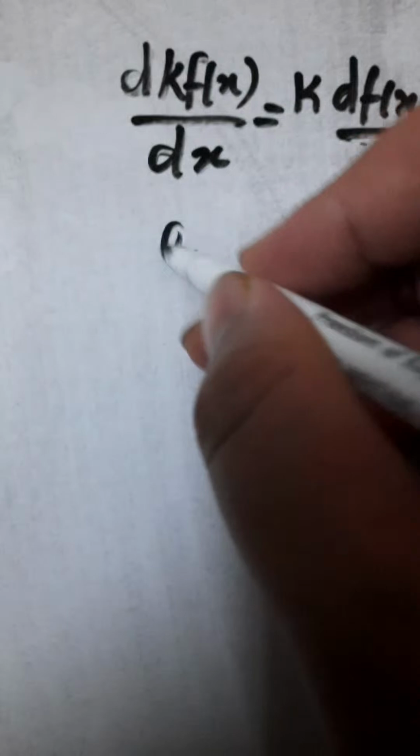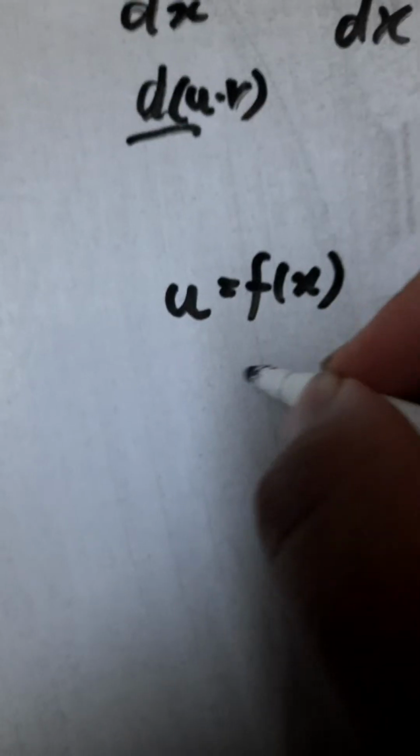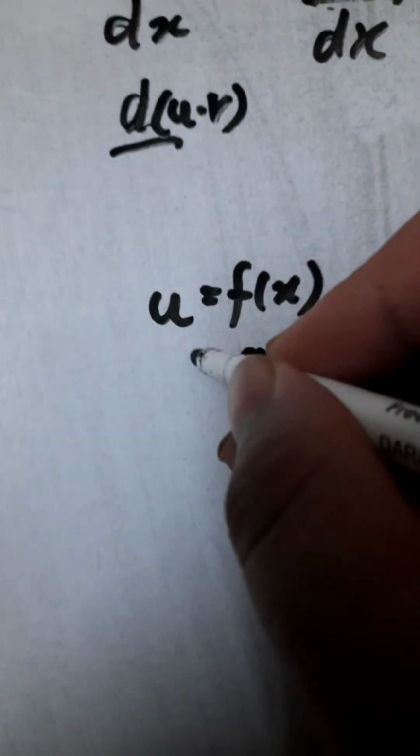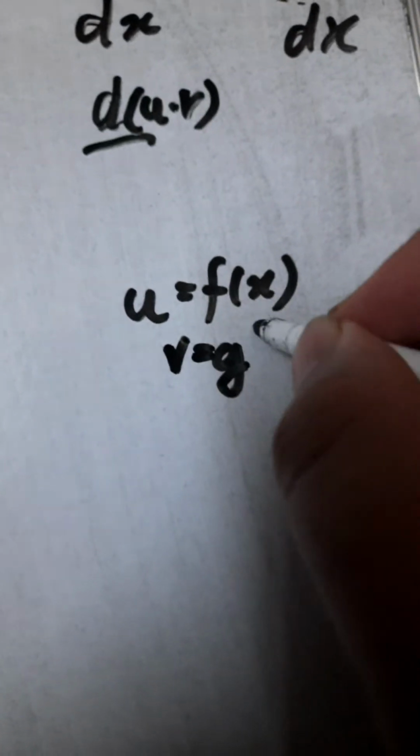I also have to tell you that for the derivative of u into v, let u be f of x and v be g of x. These are two different functions of x.